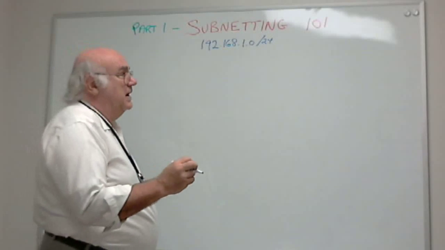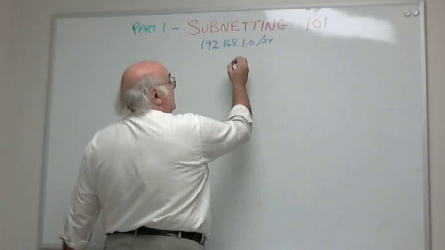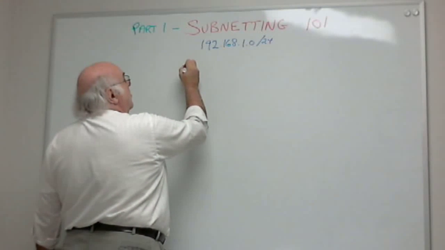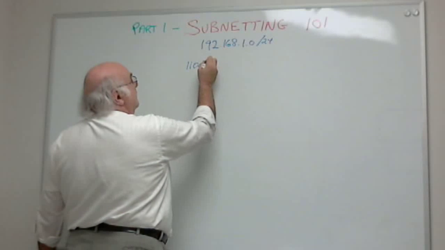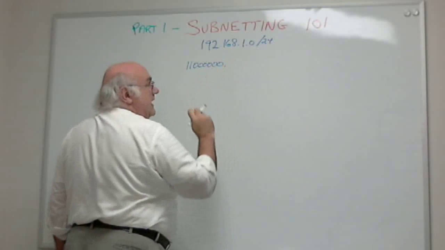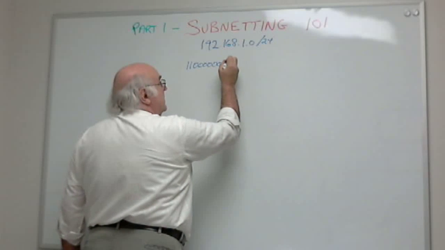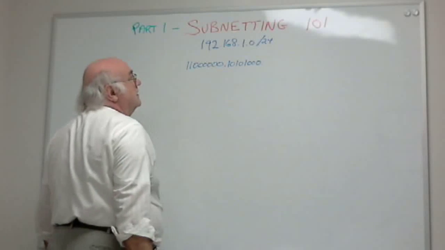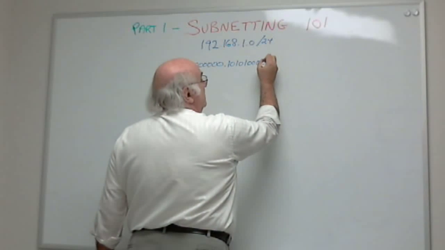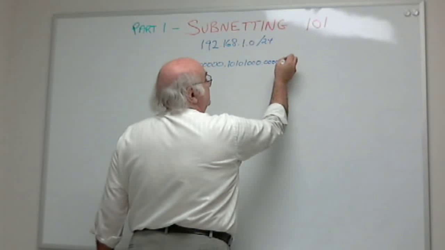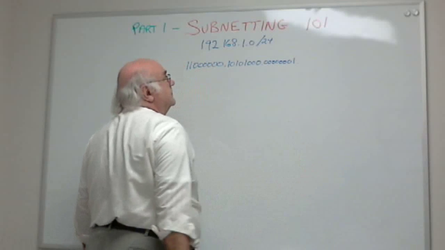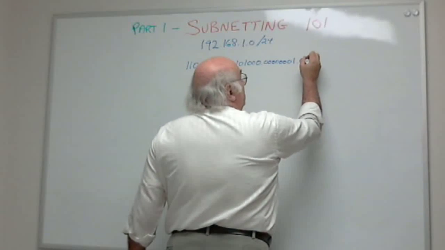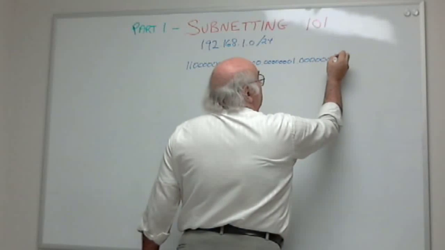So let's look at this address in binary. 1 is 00000001, 168 is 10101000, and so on.